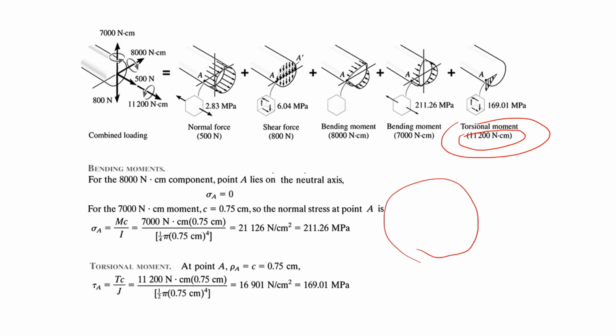It will develop on the surfaces a maximum shear stress of 1120 times the radius divided by the polar moment of inertia, which is 169. And my point A is on the surface, so the torsion creates a shear stress of 169 in point A.